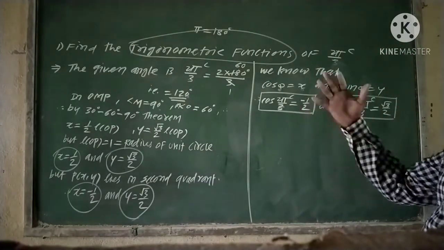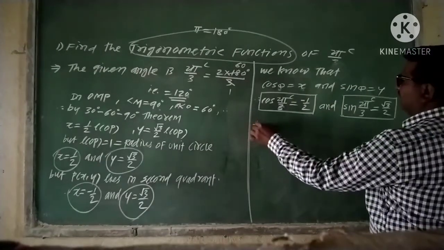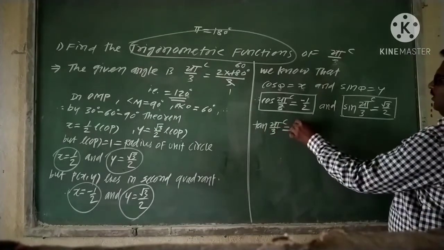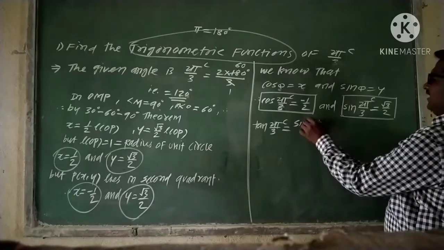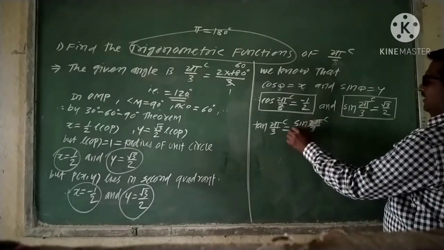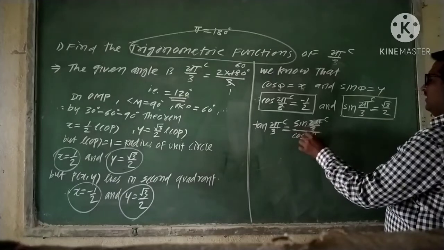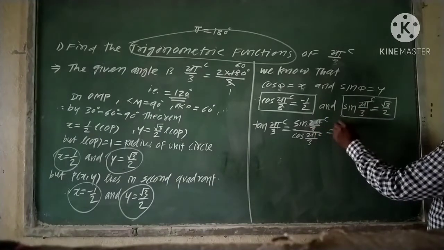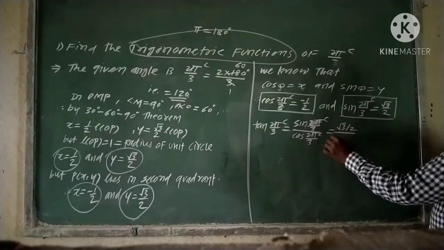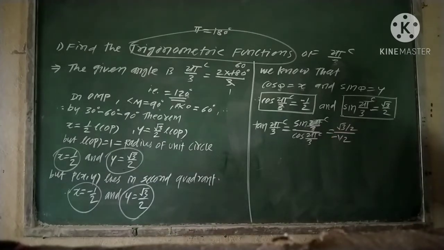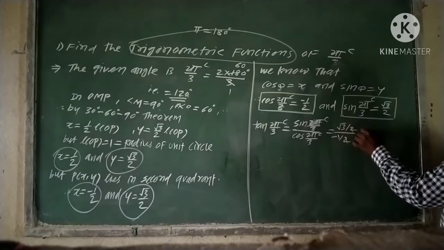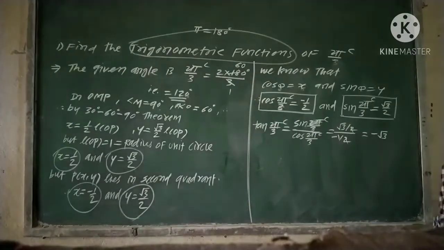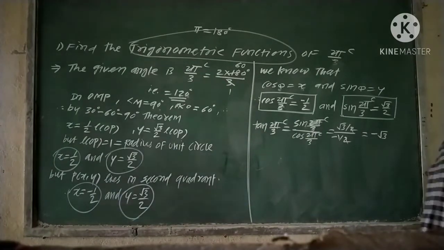Now the remaining 4 trigonometric functions: tan of 2 pi divided by 3 radian equal to sine of 2 pi divided by 3 radian divided by cos of 2 pi divided by 3 radian, which equals square root 3 divided by 2 over minus 1 upon 2. So the 2 get cancelled, and this term is equal to minus square root 3. This is the value of tan of 2 pi divided by 3 radian.